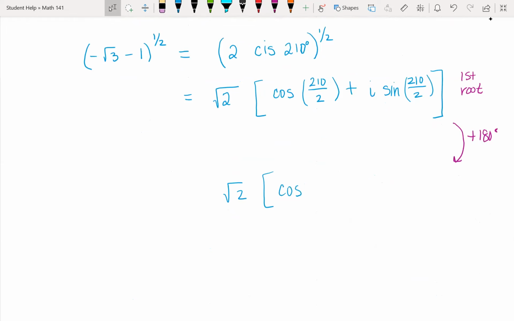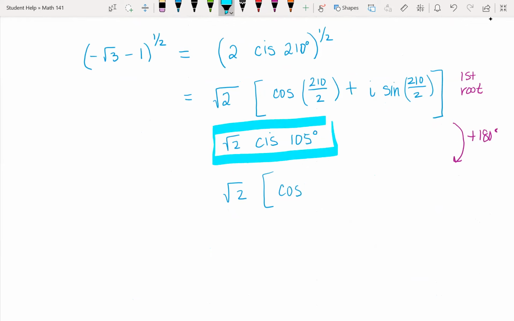So what we have here for the first root, square root 2 cis 105 degrees, right? This is one of our solutions. And the other one is going to be 105 plus 180.